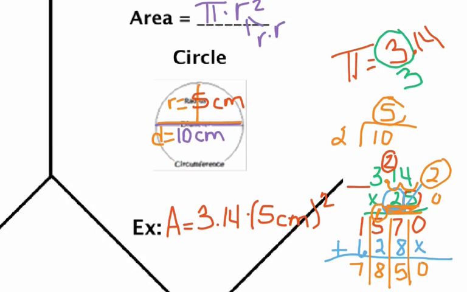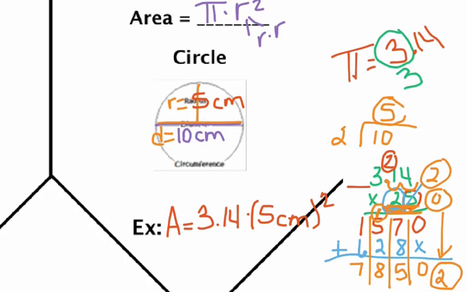So there's 0 decimal places here. Now if I add those together, 2 plus 0 means I need 2 decimal places in my answer. So I'm going to count, starting from the right, 2 places. 1, 2. So my answer has to have the decimal 2 places over.